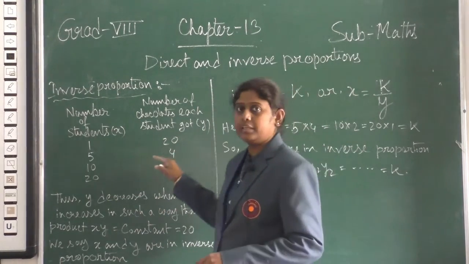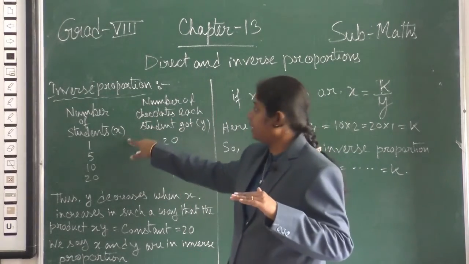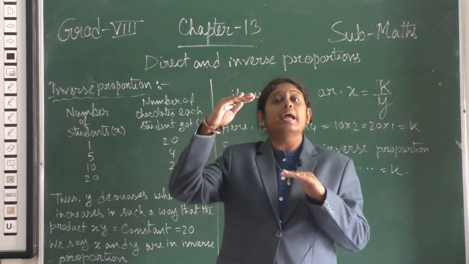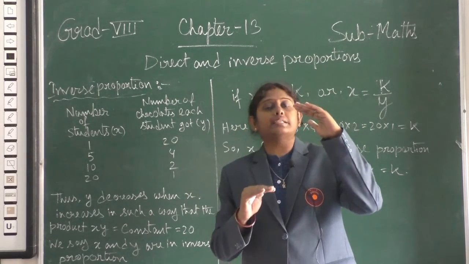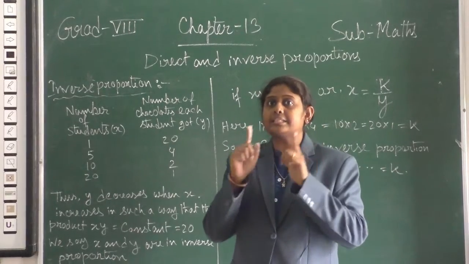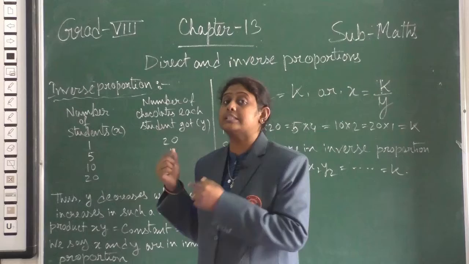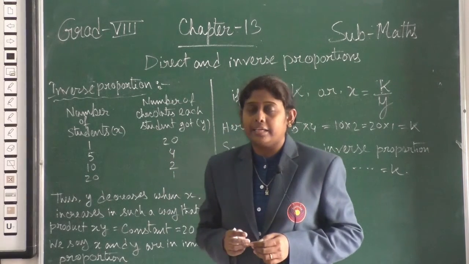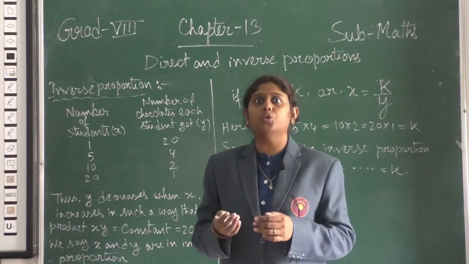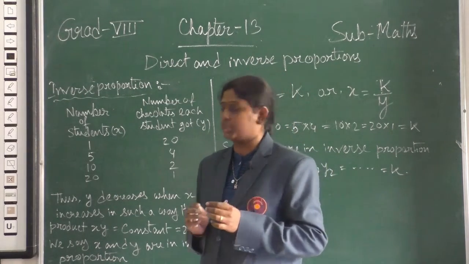Thus, we can see here that the variable y decreases when the variable x increases, and y increases when x decreases. That means the variables x and y are not going according to direct proportion, they are going opposite to direct proportion, which we call inverse proportion, or indirect proportion.